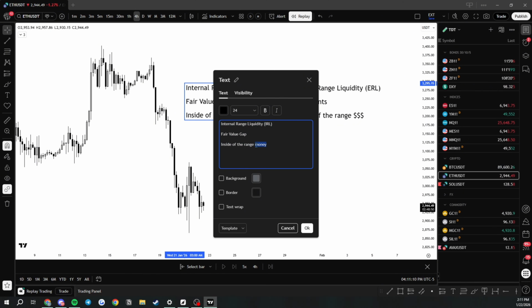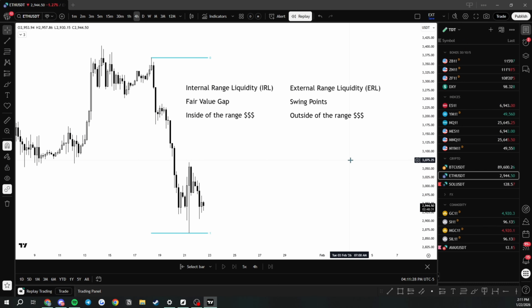So if we were looking at this range, right, from here to here, if we're looking at this as our range, right, inside of fair value gaps, remember, like we talked about, there's unfilled orders in there, aka money, right? Fair value gaps are formed inside of ranges, not outside of them, right?